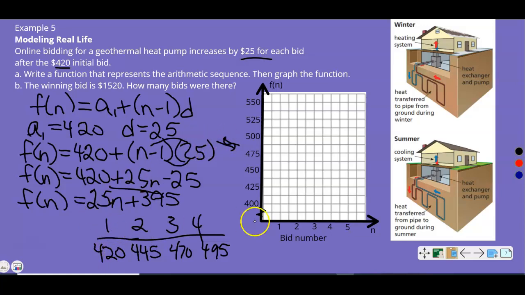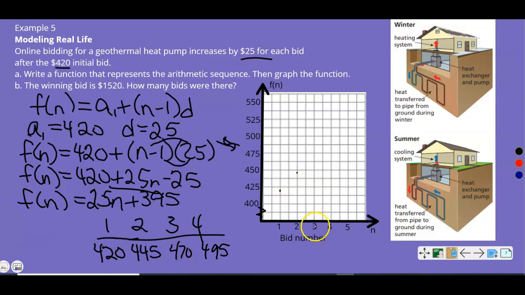So 1 and 420 would be a point roughly here. Then 2 and 445 would be almost to 450.